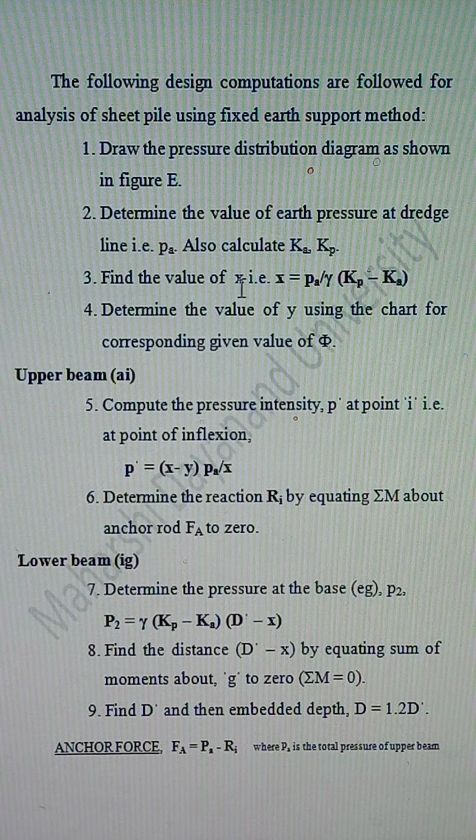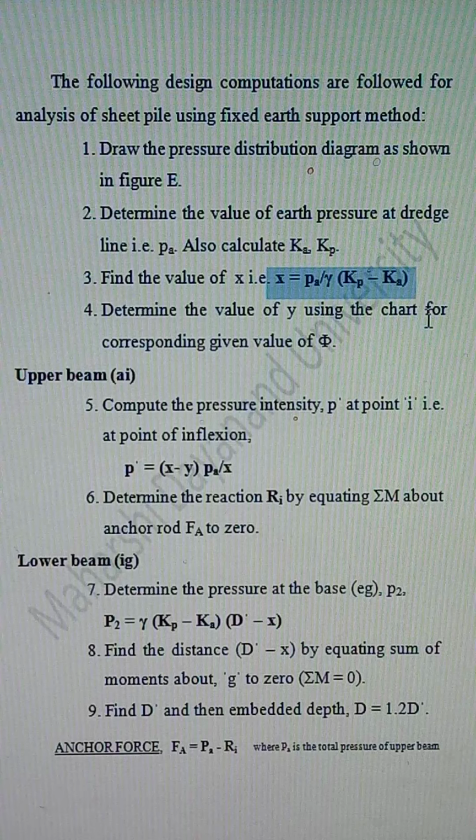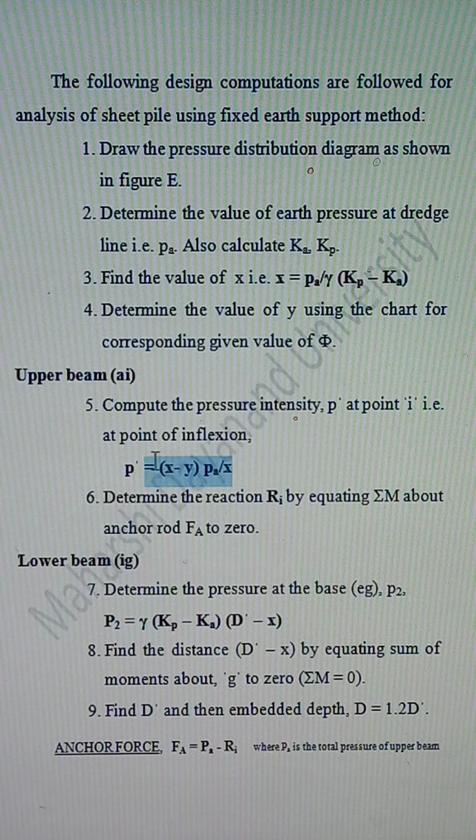Then find the value of small x using the formula. Then determine the value of y using the chart. For the upper beam, compute the pressure intensity P dash using this formula. Then determine the reaction Ri by equating the total moment about anchor rod Fa to 0.